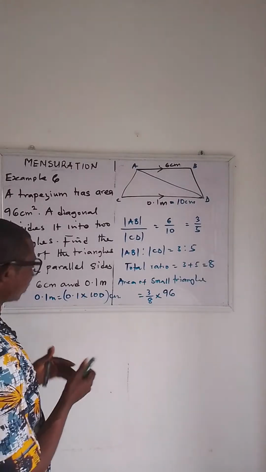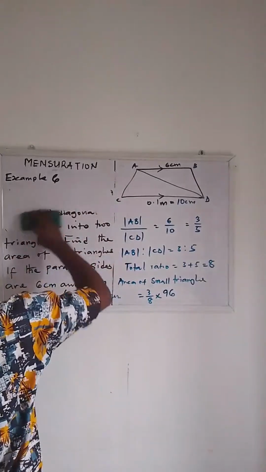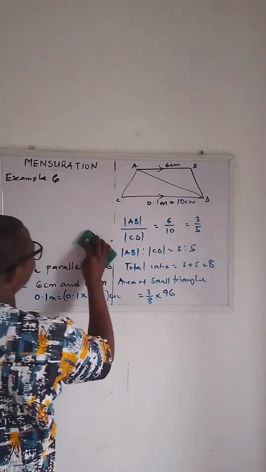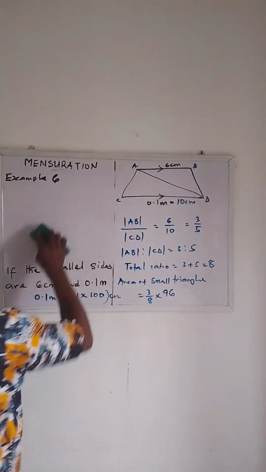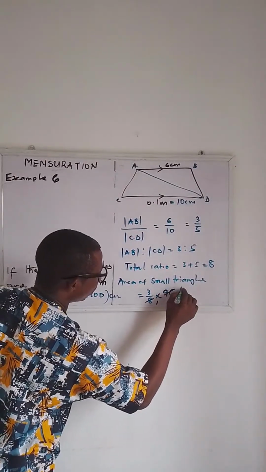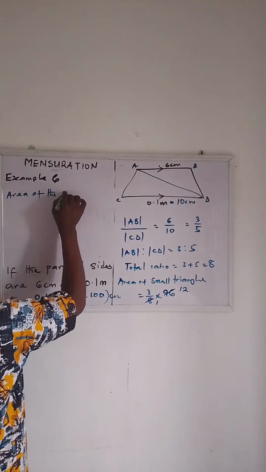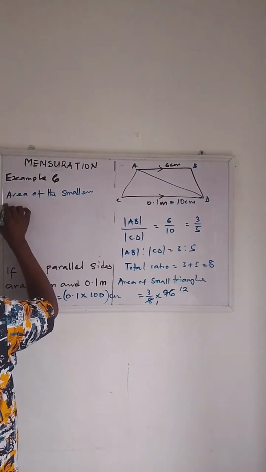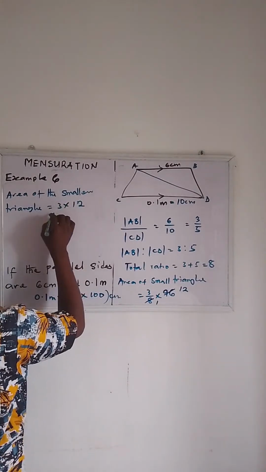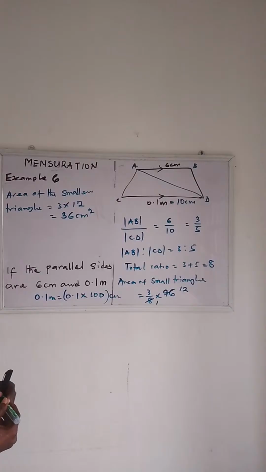Let us simplify that. 8 goes into 8 once, and 8 goes into 96 twelve times. So the area of the smaller triangle will be 3 times 12, which gives us 36 centimeters square.